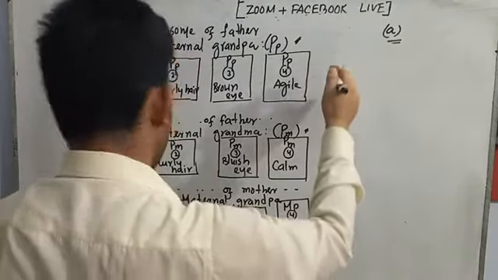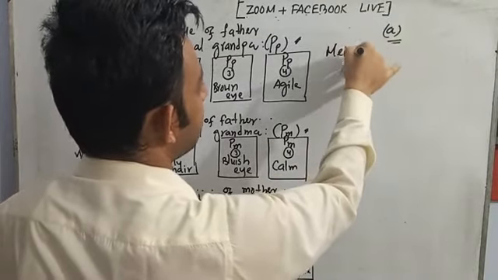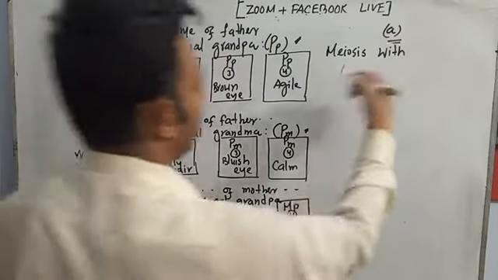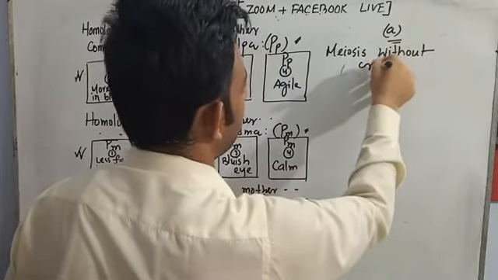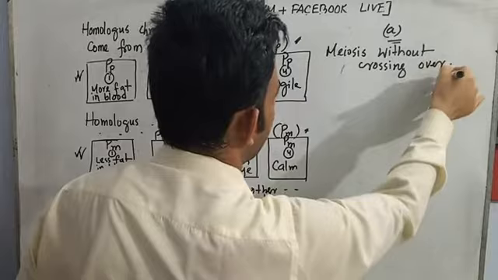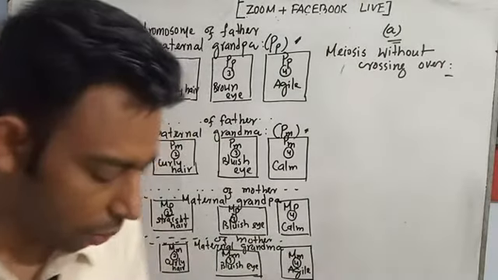Meiosis without crossing over. Answer number A, meiosis without crossing over. What the instruction given, I will tell you accordingly. It is chart 1. Meiosis will be there but no crossing over.